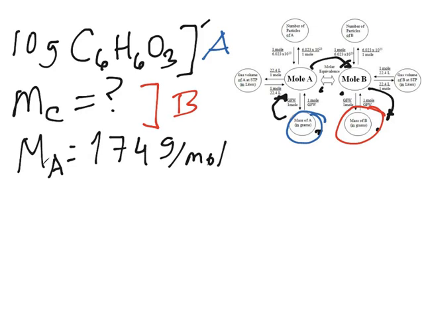Now let's do what I was doing before. We have 10 grams of A. I'm not going to write C6H6O3 because it would just make it really long.